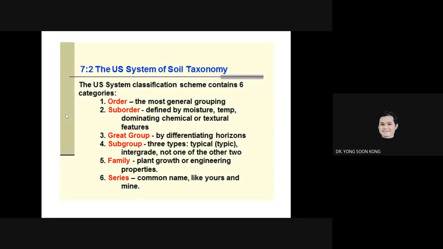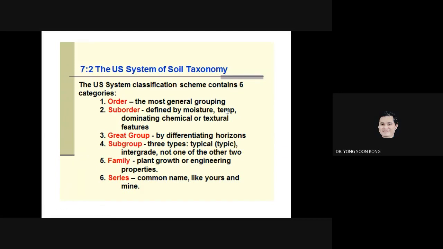What does the suborder define? Just now, you probably have noticed that some of the things that they define is the moisture. How much water is probably contained in that group of soil inside the soil order, right? They will define either they have a lot of water, a little, or sometimes they even talk about the temperature. Well, obviously Malaysia is a tropical country, so the temperature we're talking about here is usually very high.